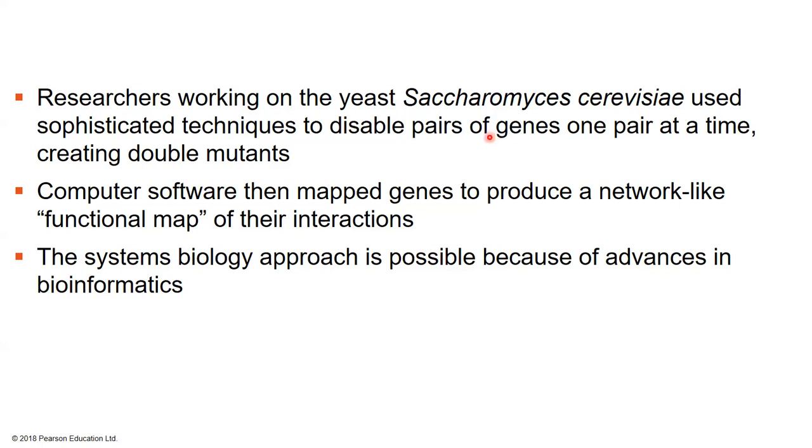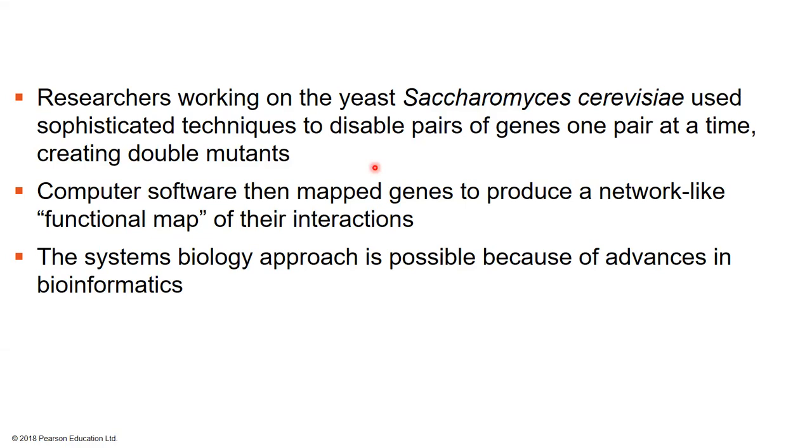So what they did is that they deleted or disabled or knocked out pairs of genes, and they basically observed how deleting both genes might have an effect on this type of organism, and what type of mutant phenotypes might be observed or might be obtained.